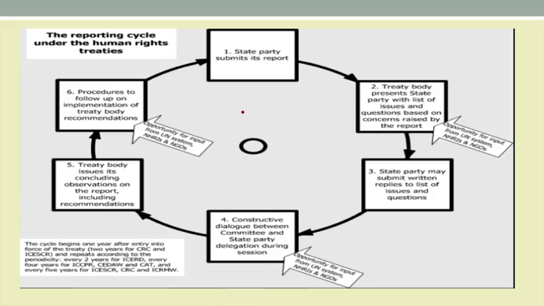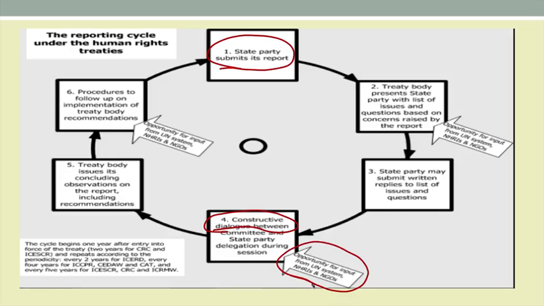Here's a schematic that illustrates the cycle of reporting. And you can see that it begins at step 1 when the state party submits its report and continues with subsequent questions and responses leading to this constructive dialogue between the committee members and the state party's delegation.